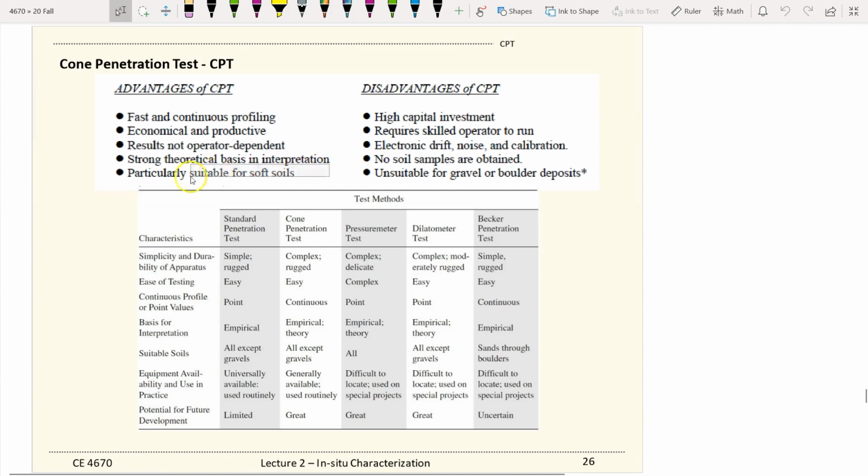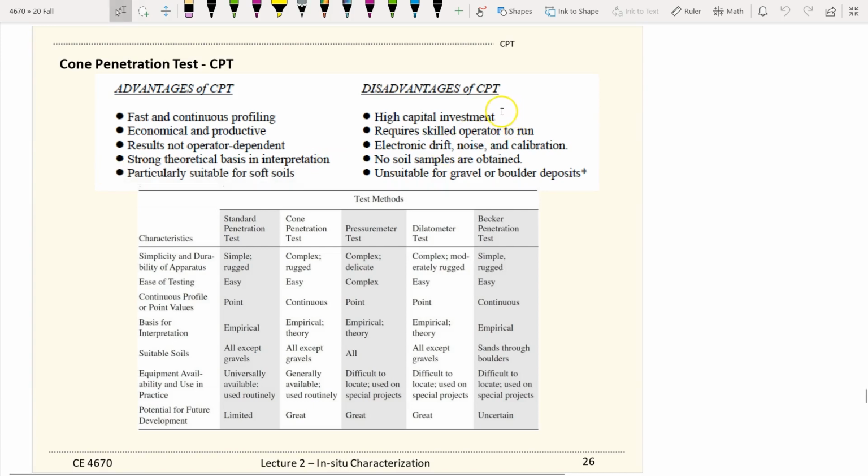And the other thing is you have more sophisticated sensors, which give you more theoretical basis in the interpretations. And it has also proved in the past that it works well for soft soils.